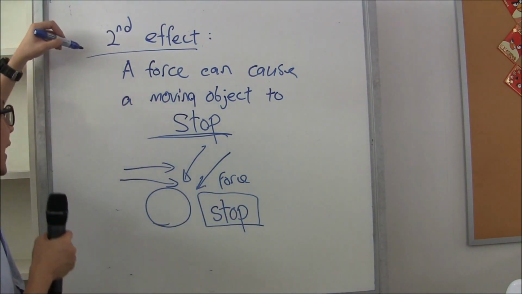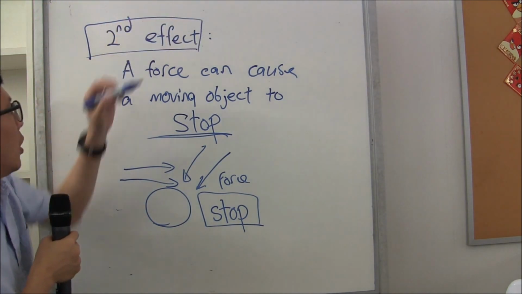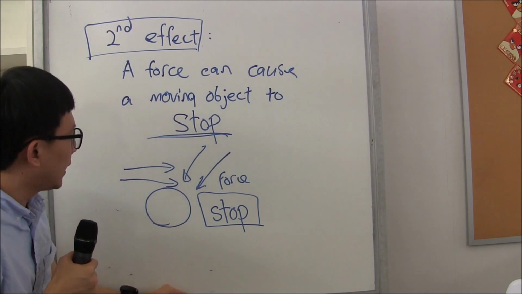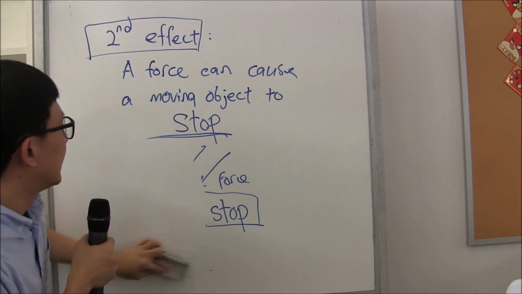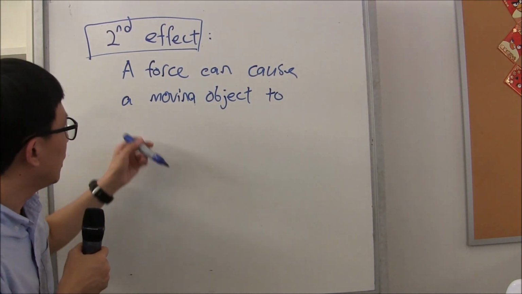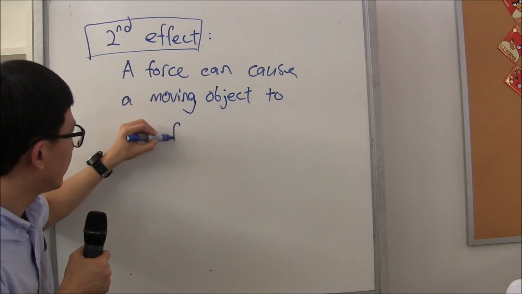So the second effect of a force can cause a moving object, three things. It can cause a moving object to move faster, if you apply the force in the same direction.